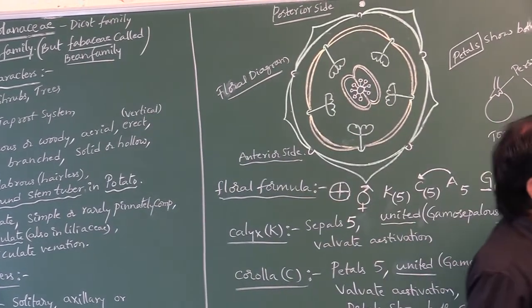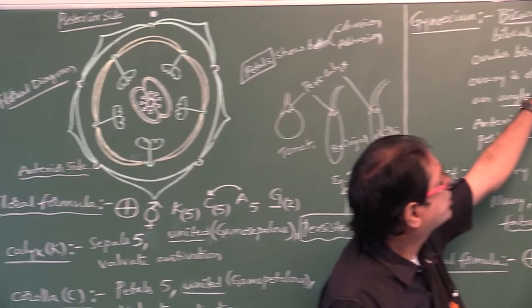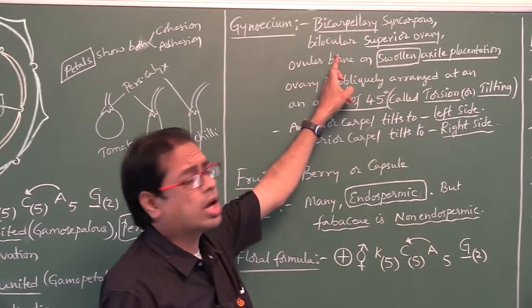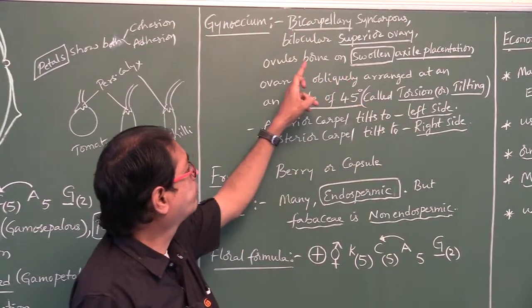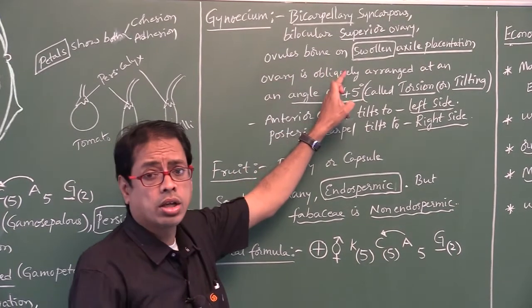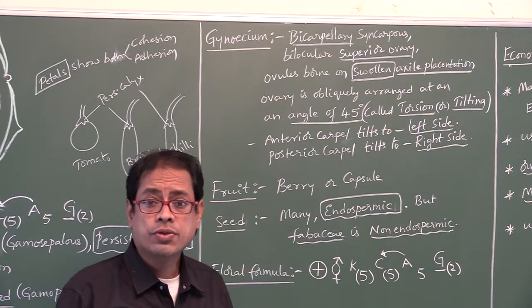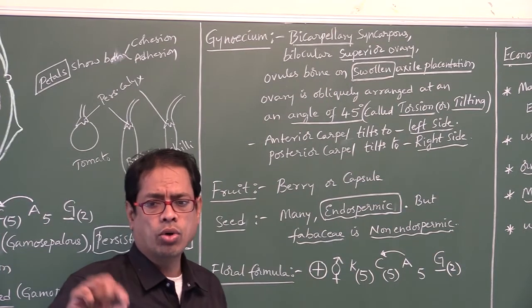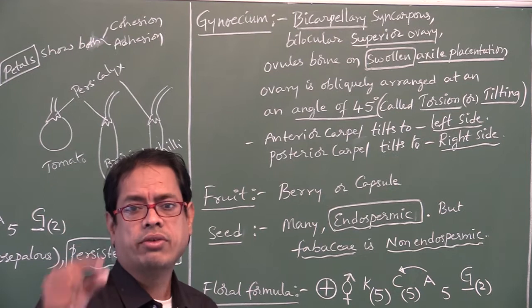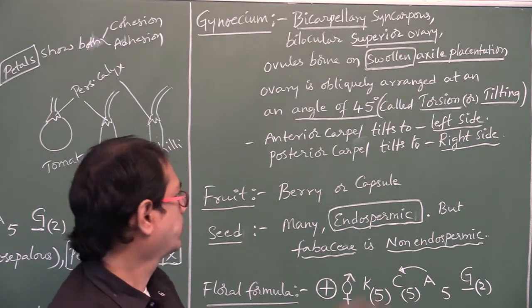Now, look here: bicarpellary syncarpous, bilocular, superior ovary, ovules borne on swollen axial placentation, that is, ovules borne on central axis with a swollen placenta.